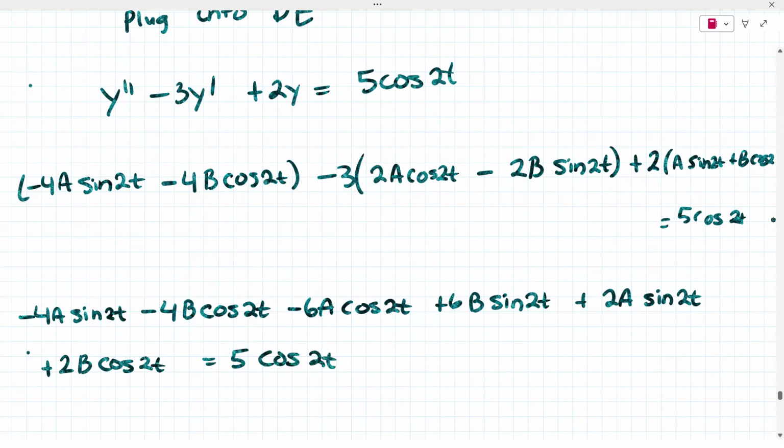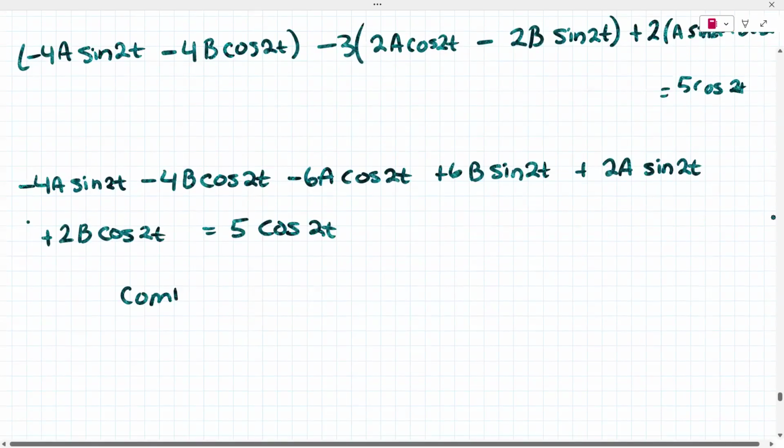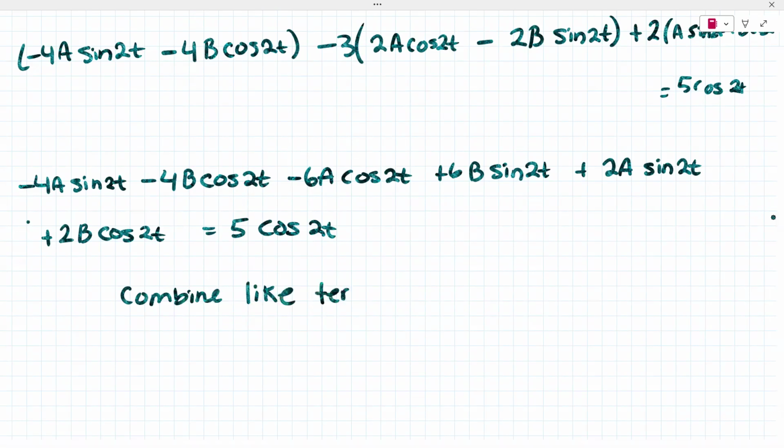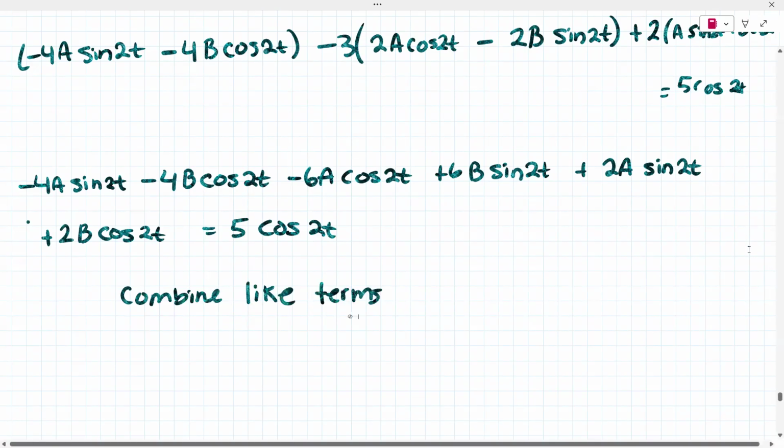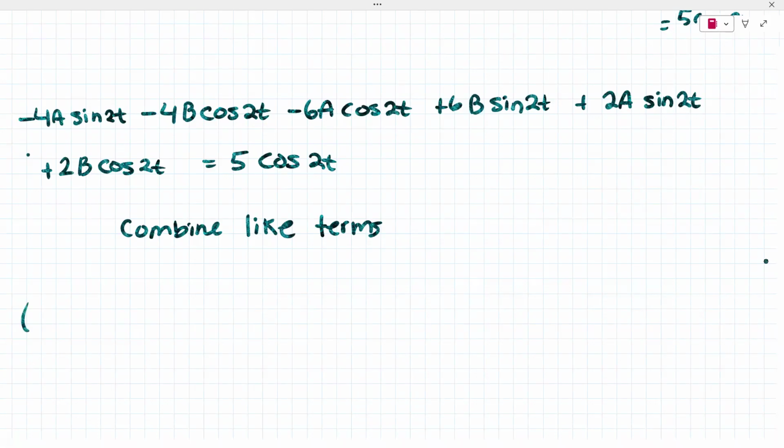Then what you want to do is combine like terms. So when you combine like terms, it would be negative 4a plus 6b plus 2a times sine, so you can factor out a sine of 2t.